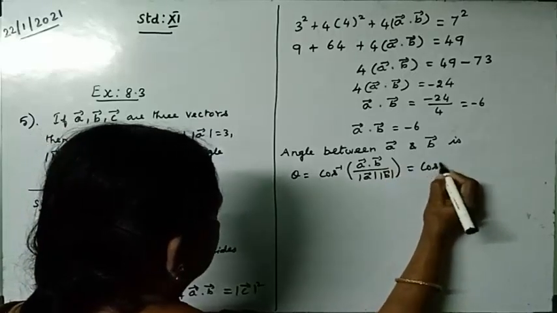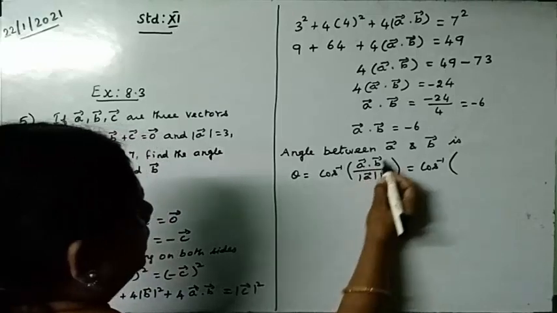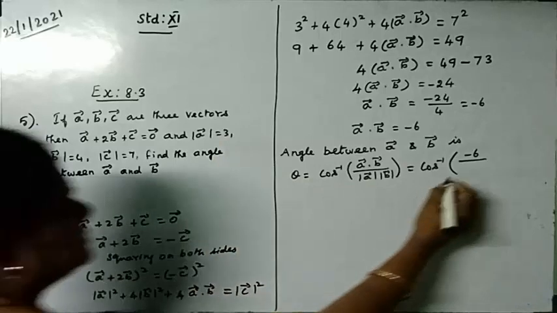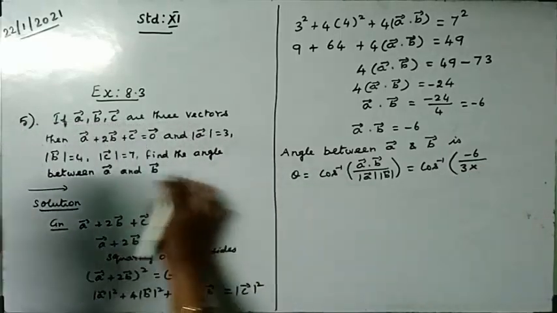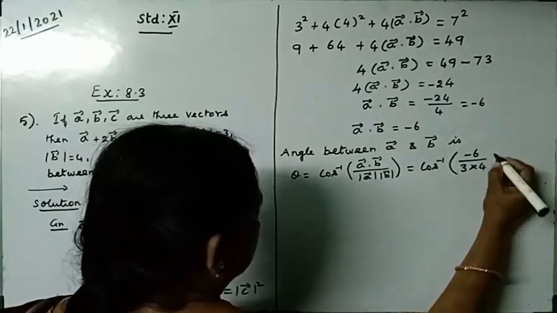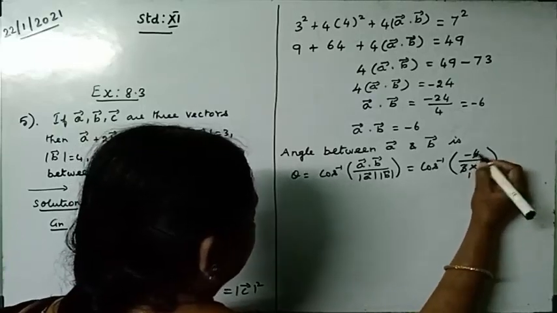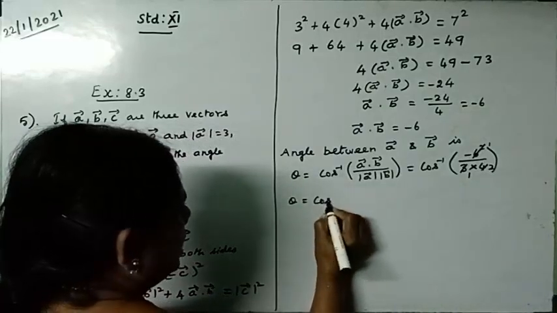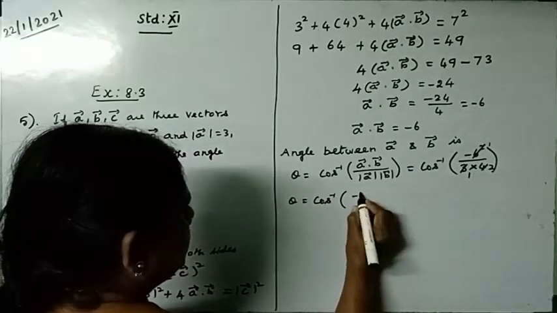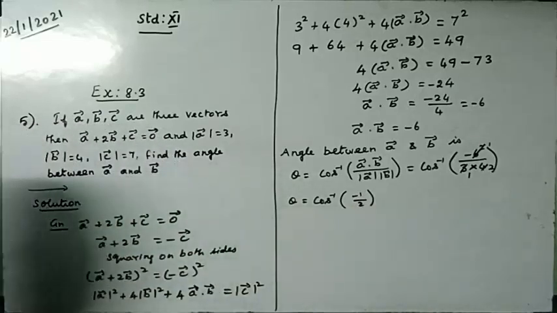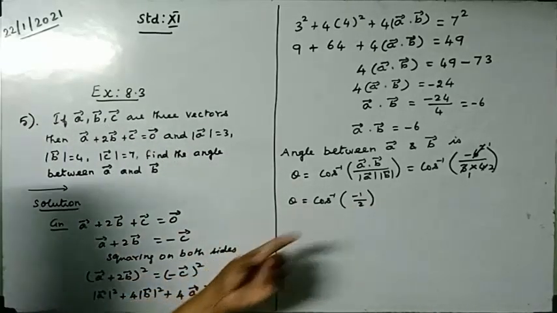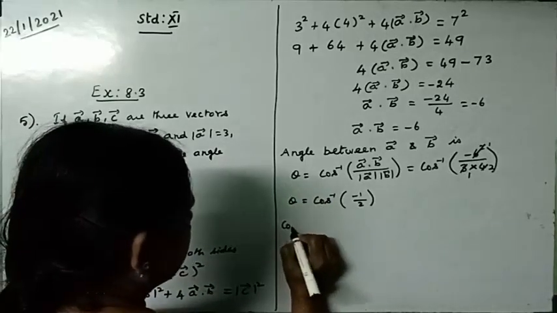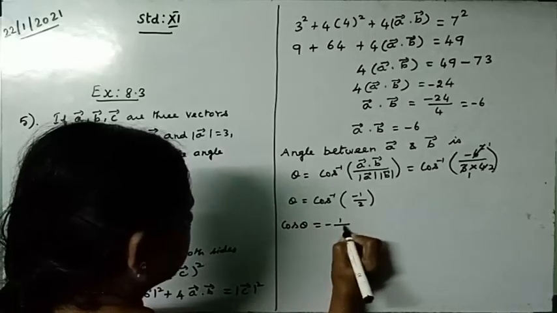So which is equal to cos inverse of A dot B, which is minus 6, divided by modulus of A vector is 3 into modulus of B vector is 4. So this is 1 time, 2 time. So theta is equal to cos inverse of minus 1 by 2. If I bring this cos to this side, it becomes cos theta is equal to minus 1 by 2.